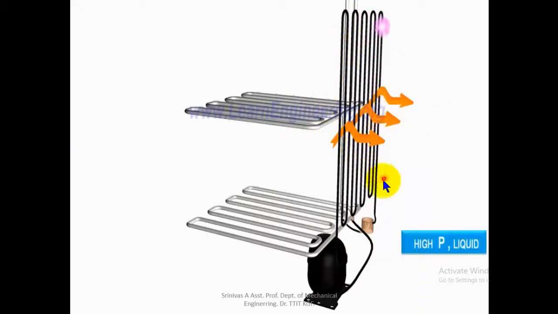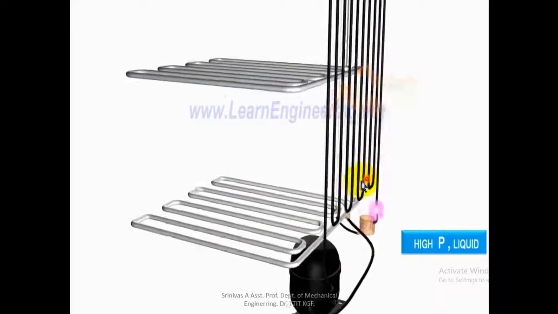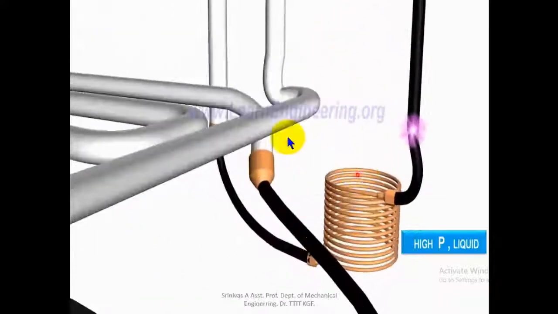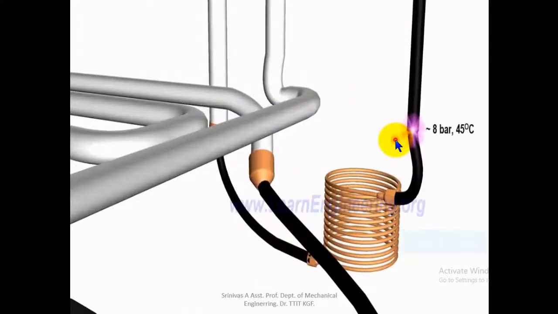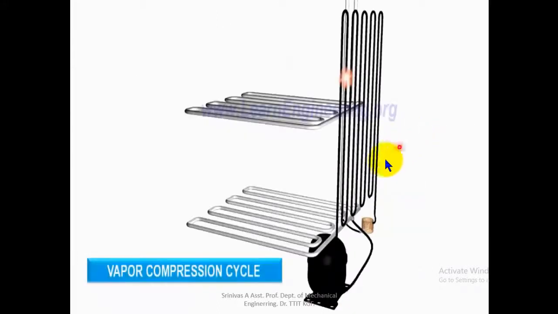At the end of the condenser coil, the vapor loses its temperature and becomes a high pressure liquid, and then it again passes to the expansion valve, and this cycle runs continuously.